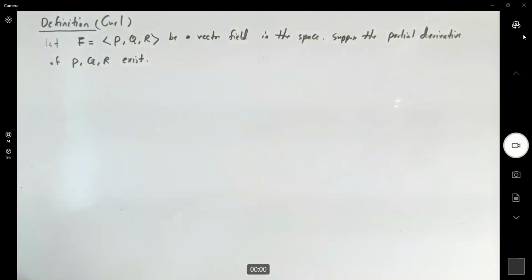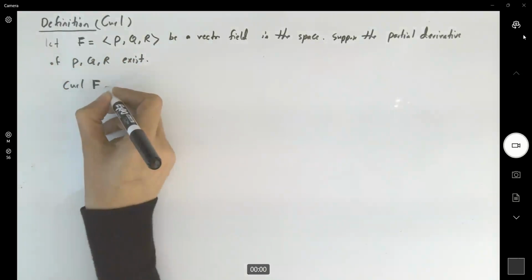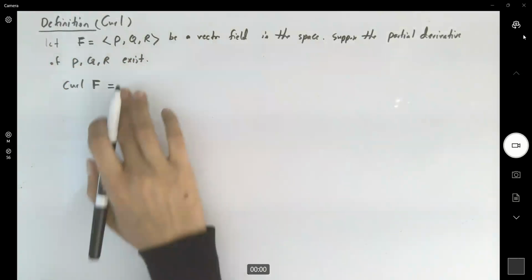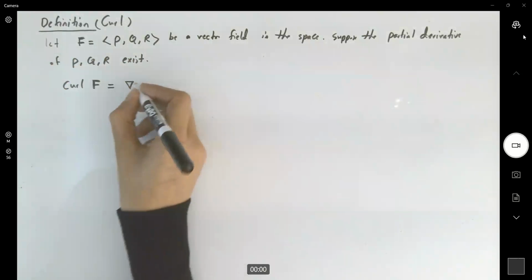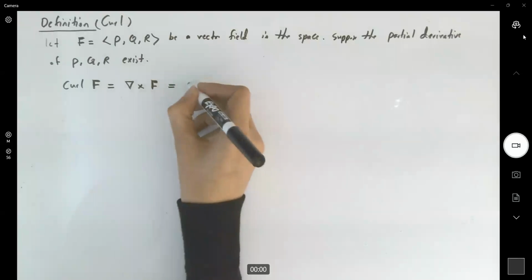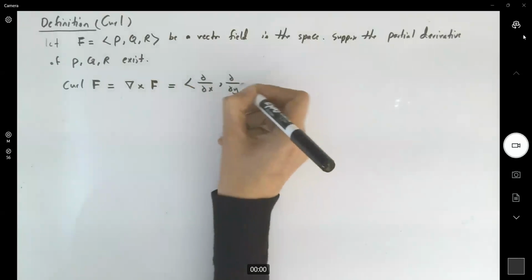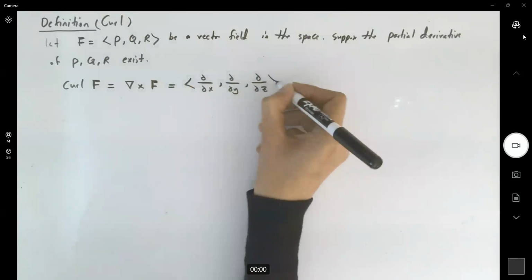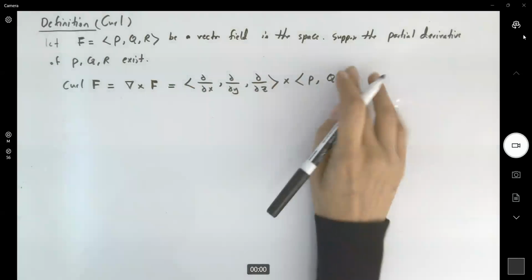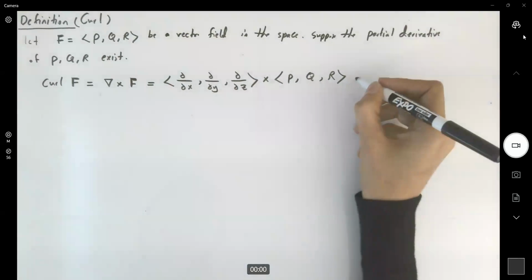We're going to define the curl of your vector field F as the determinant of, before writing the determinant, the nabla operator cross multiplication with F. As you remember, the nabla operator is partial derivative with respect to X, partial derivative with respect to Y, partial derivative with respect to Z, cross function F, which is P, Q, and R, which is nothing but the determinant of the following matrix.